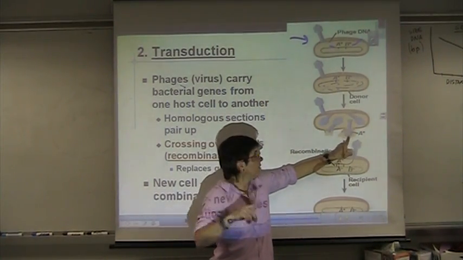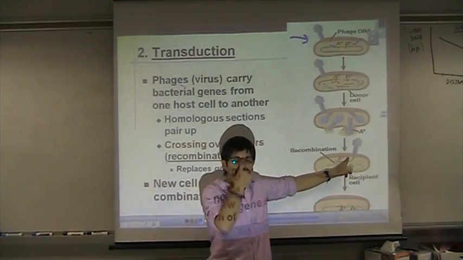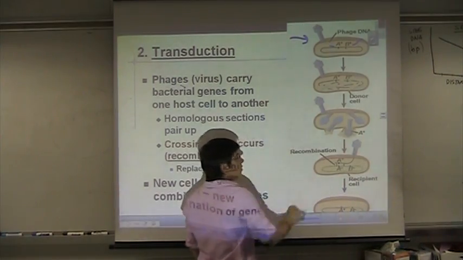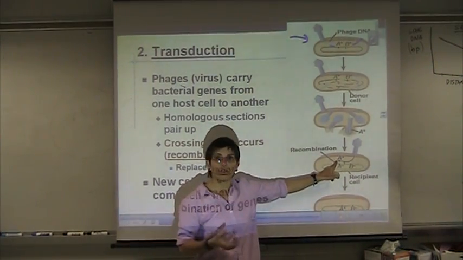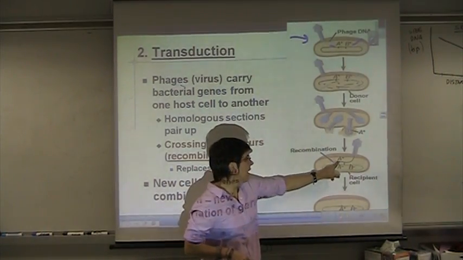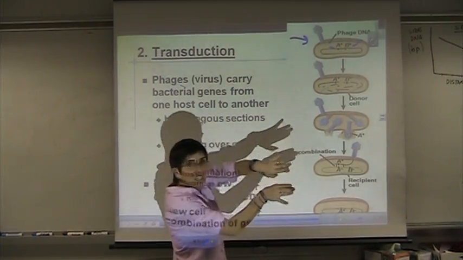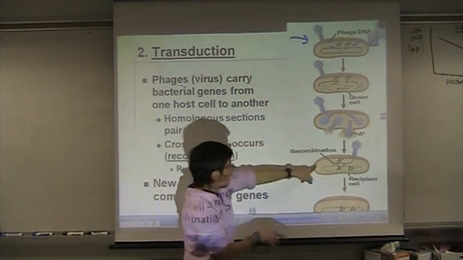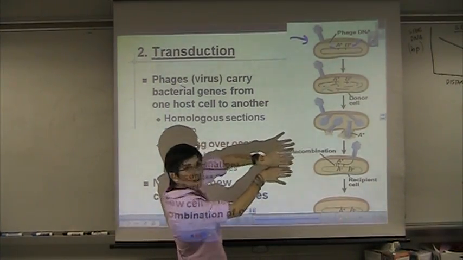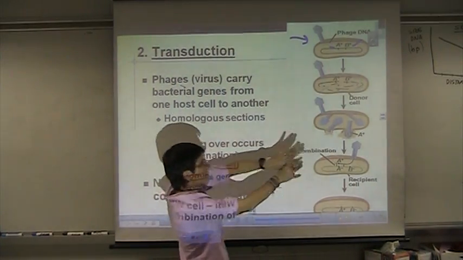What happens now if this bacteriophage infects another bacteria? When it's releasing its own DNA, it's going to also release that piece of DNA that they took by mistake from the other bacteria. Now, if this DNA happens to be complementary, homologous, it matches a sequence, they are going to line up together like homologous chromosomes during crossing over in eukaryotic cells.